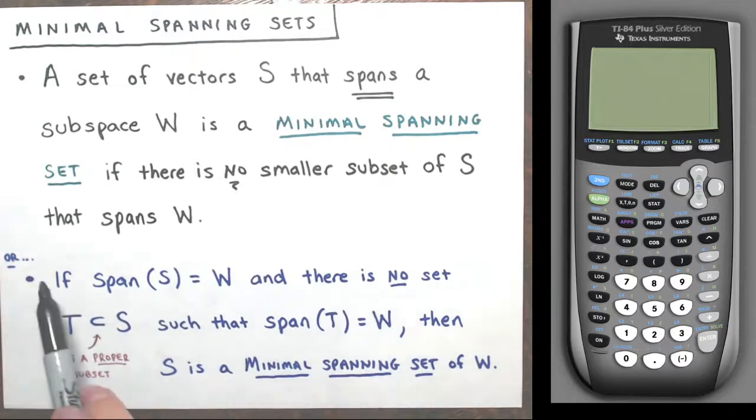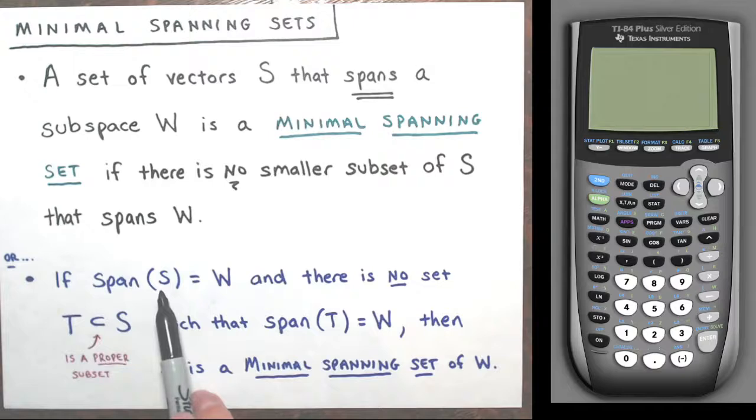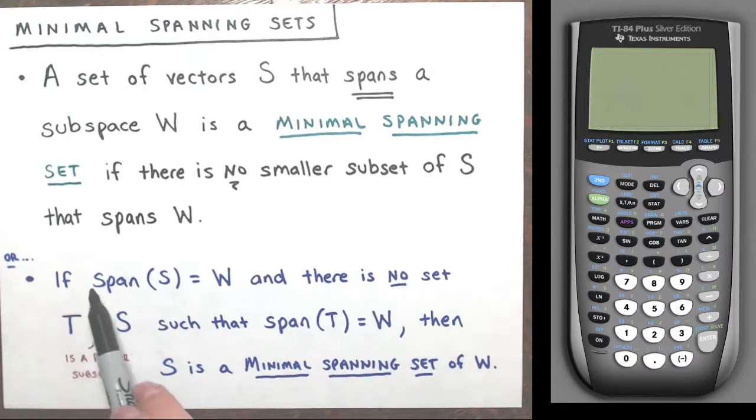Another way to put this with some notation: if the span of a set S is equal to subspace W, and there is no other set called T that's a smaller subset of S, a proper subset, that's what this sideways U symbol means, so it's basically S with at least one vector removed, such that the span of T is W as well, then we would say that S is a minimal spanning set of W. It's the smallest set of vectors whose span is equal to W.